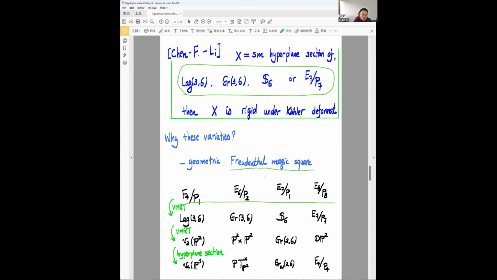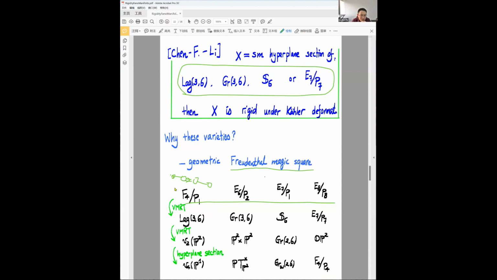Maybe I can draw this. This is F4 mod P1, and then you mark this point, and then the VMRT.